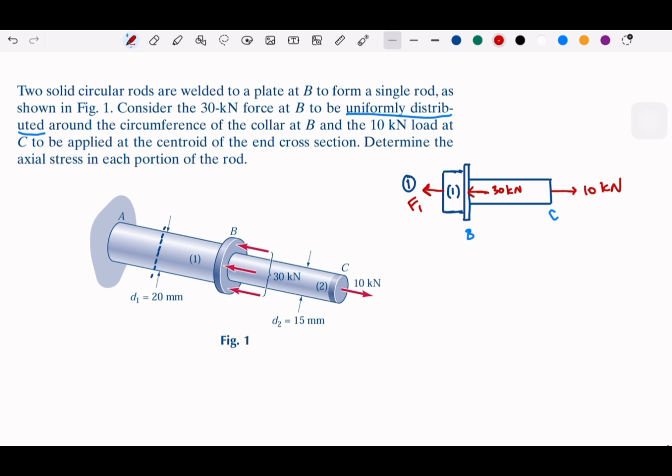And let's say we have the diagram for rod 2. If we cut this open here, and let's say we only have, since our external load on this second member is only 10 kilonewton, then we have F2 as the internal force.